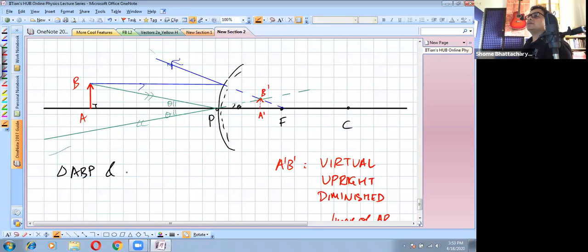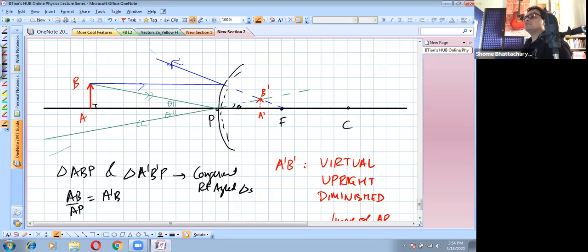And triangle E prime B prime P, they are again congruent right angled triangles. So you again have that same formula, EB upon AP is equal to A prime B prime upon AP prime.